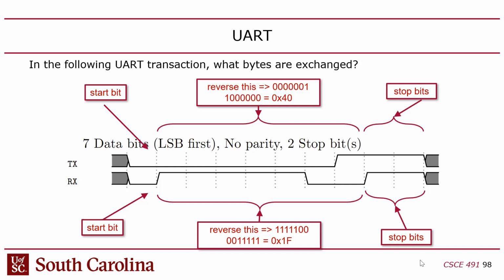So we have 0, 0, 0, 0, 0, 0, 1. However, we have to reverse it because it's least significant bit first, right? So this is actually not 1, this is going to be 40 in hex. That's actually the last data bit there, and then the 2 stop bits are 1, 1.